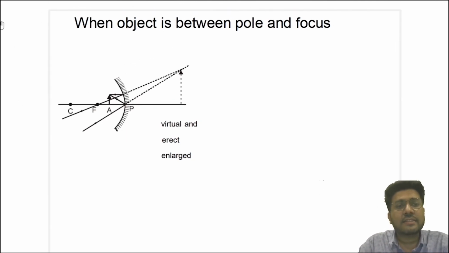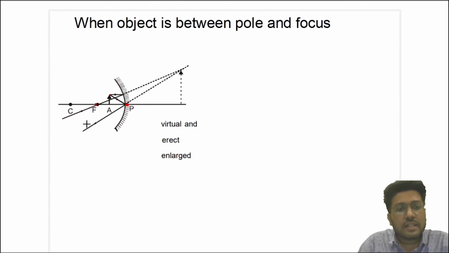Then the next case is when the object is between pole and focus. When the object is between pole and focus, again let us use the first rule. When a ray is parallel to the principal axis, then after reflection it passes through the principal focus. And let us use the fourth rule, a ray which is symmetrically incident on the principal axis on the pole, okay, then emerges symmetrically with respect to the principal axis, right?